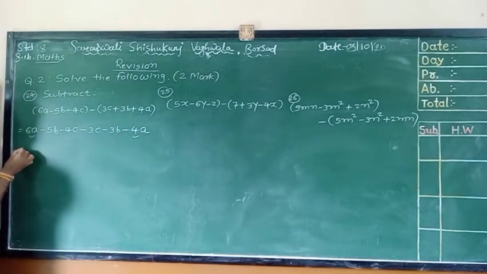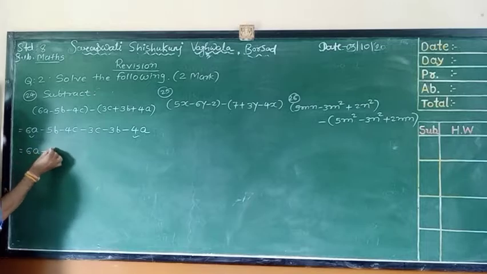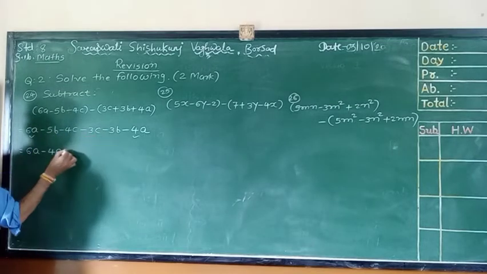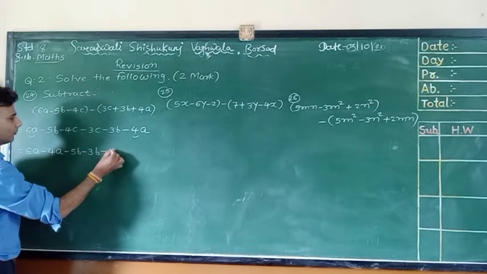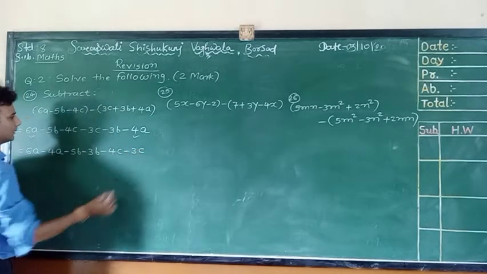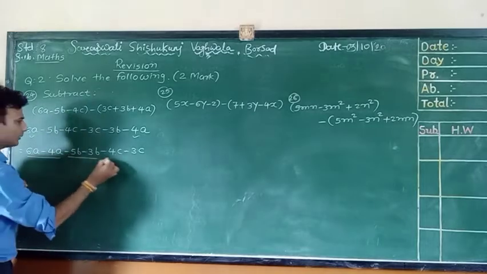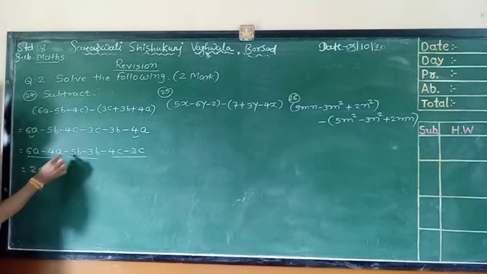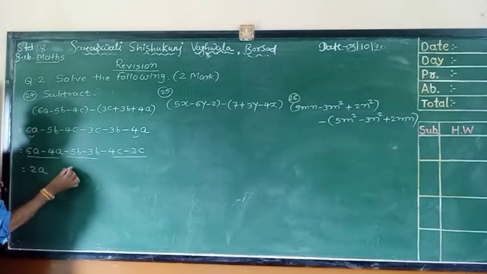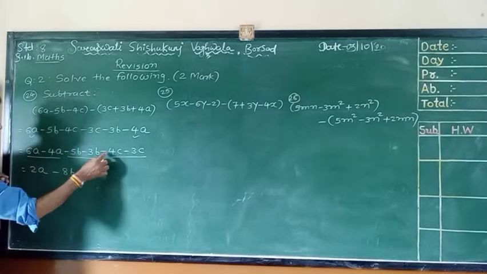So we will write together 6a minus 4a, 5b and this 5b minus 3b, this 4c minus 3c. These are like terms. 6 minus 4 is 2a, minus 5 plus 3 is 8b, with digit sign minus.